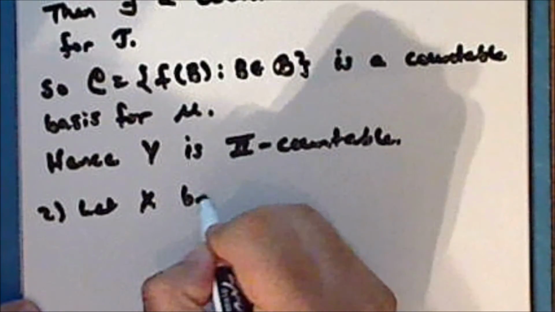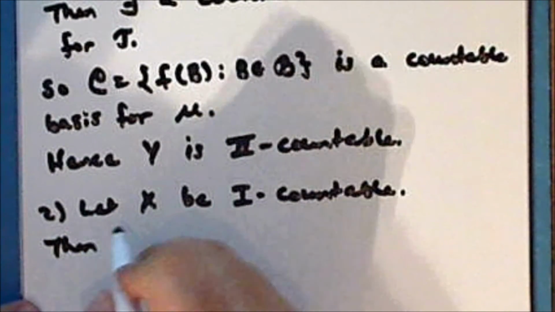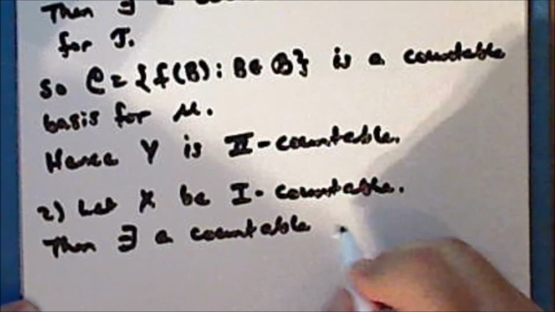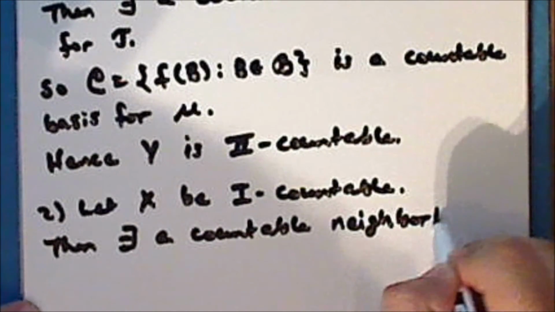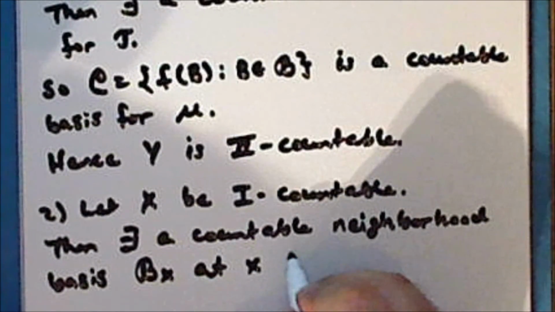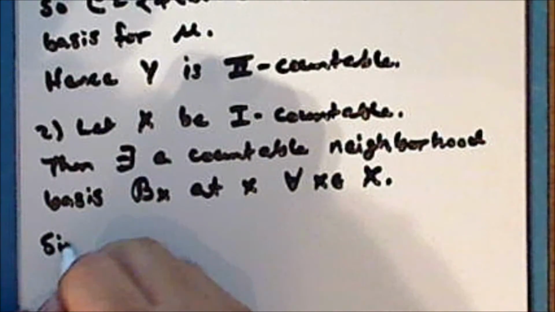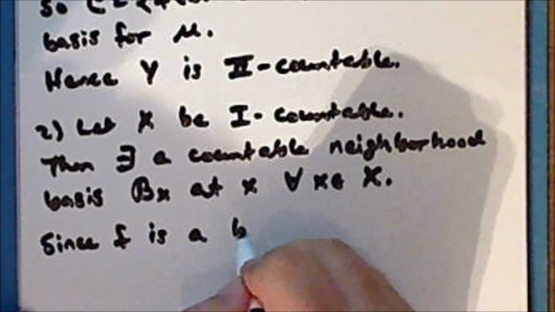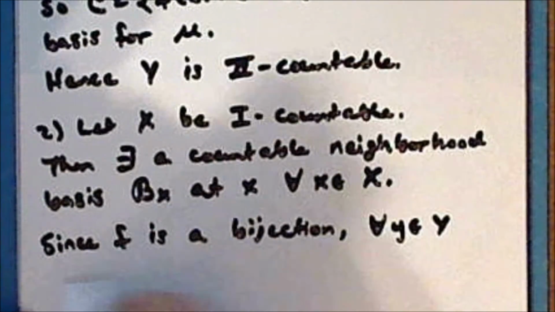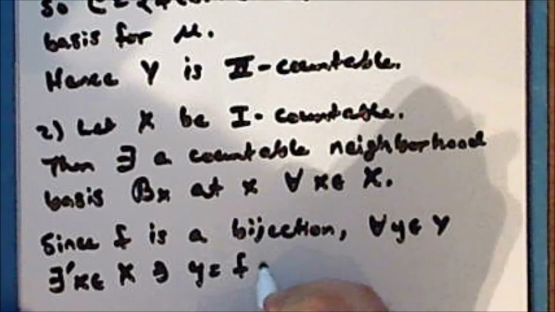So now let the space X be first countable. Then there exists a countable neighborhood basis script B sub x at the point x for every point in the space X. Now once again, since the function f is a bijection, for every point y in the space Y, there exists exactly one point x in the space X such that y is equal to f of x.